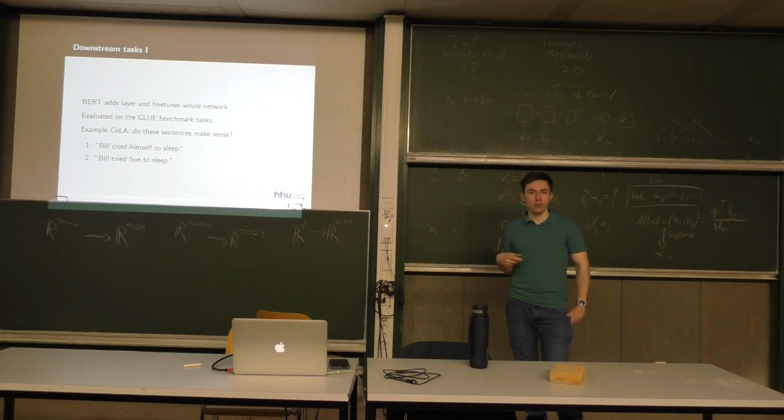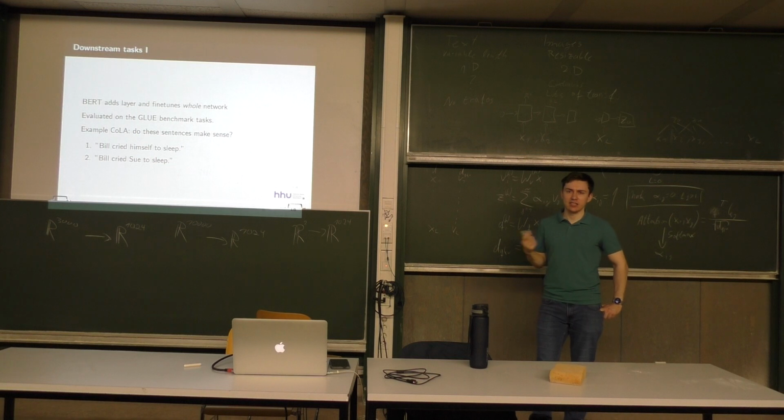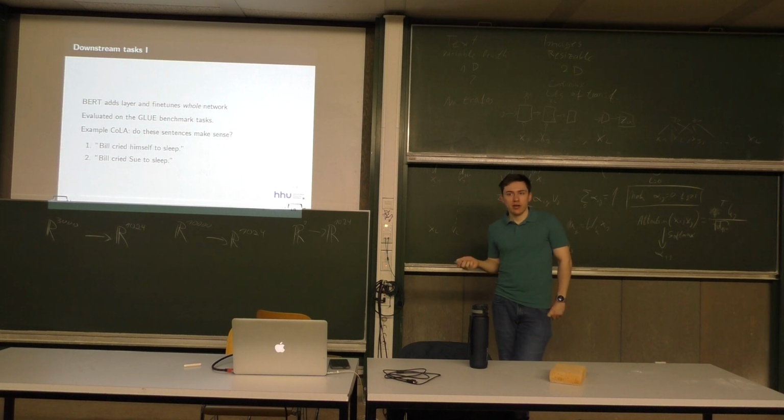And it's evaluated on the GLUE benchmark sets, which I forgot what it stands for, so in the PDF that I will upload later, there's a link there. I think it has 17 tasks in total. One of them is the CoLA task, where you have sentences, and the task is to say which of these sentences makes sense.